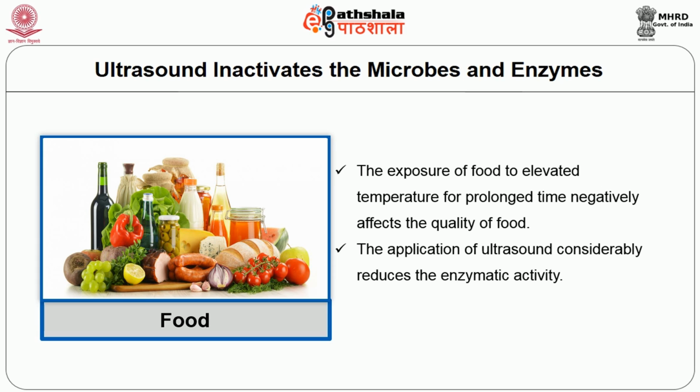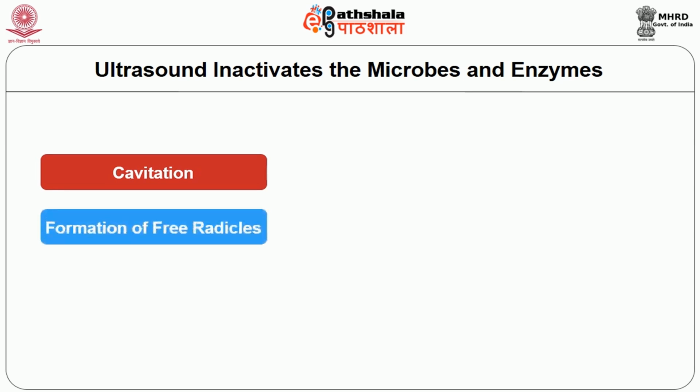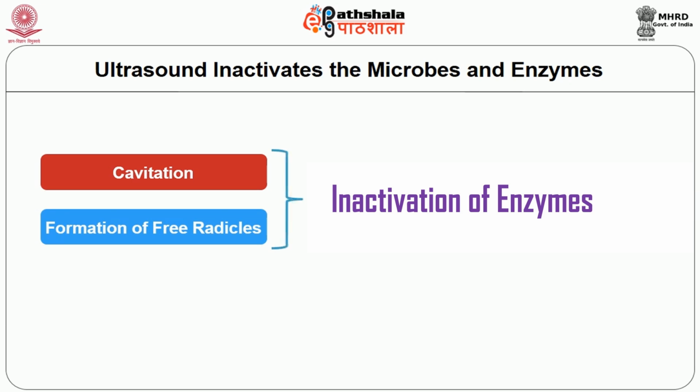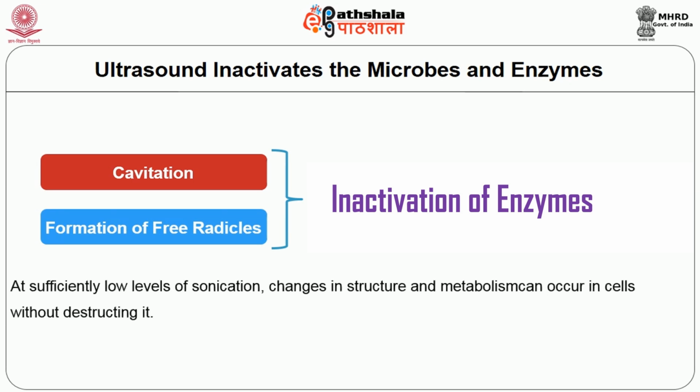The application of ultrasound considerably reduces the enzymatic activity. Cavitation and formation of free radicals can lead to enzyme inactivation. At sufficiently low levels of sonication, changes in structure and metabolism can occur in cells without destroying them.